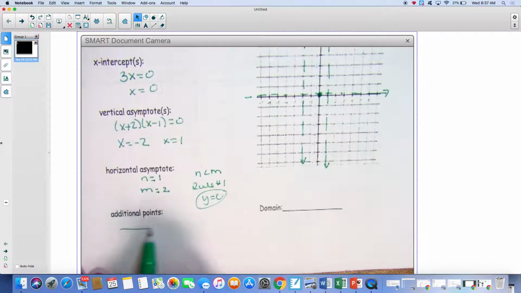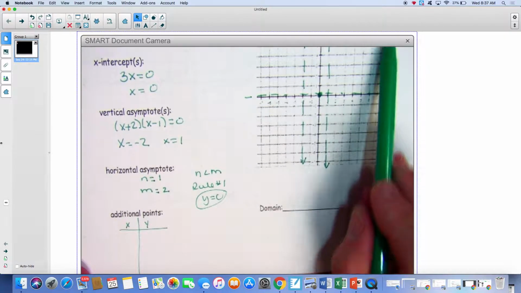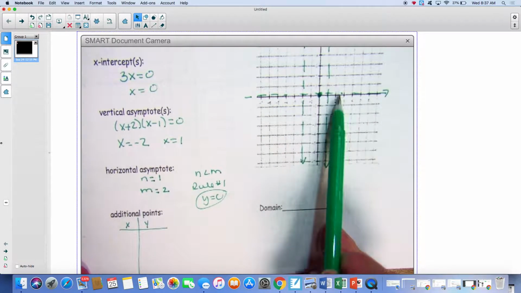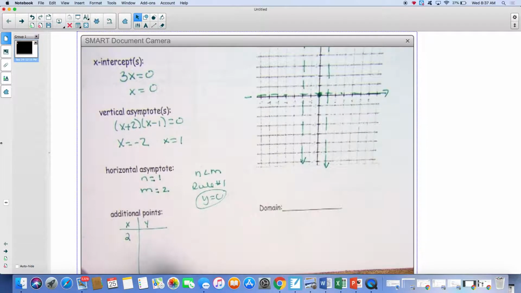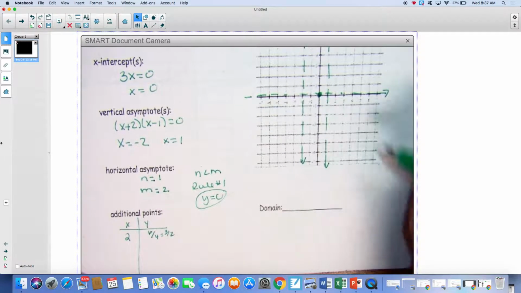We're going to have to do several additional points here. Let's start over here. Let's do 2. What happens when I plug in 2? I get 6 in the numerator and 4 in the denominator. So 3 halves.